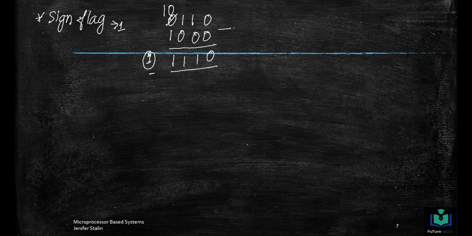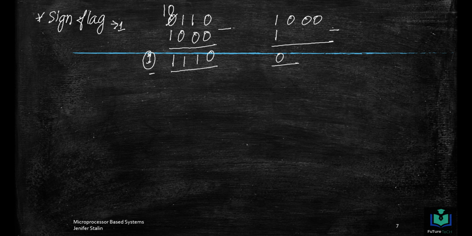Otherwise, in the case of a normal situation, for example, when you subtract these two numbers, it results in 0, right? 1 minus 1 is 0. So during this kind of operation, there is no way you are getting a borrow, so the sign flag will be 0.